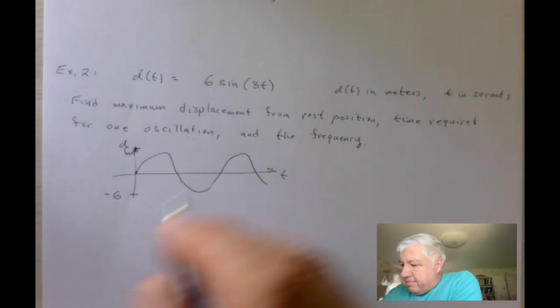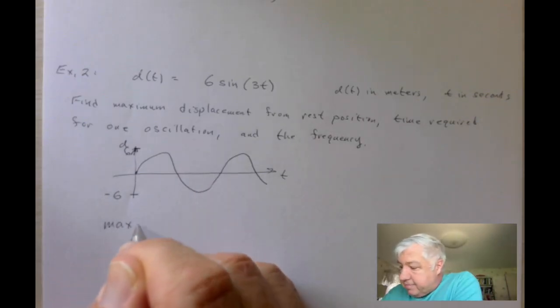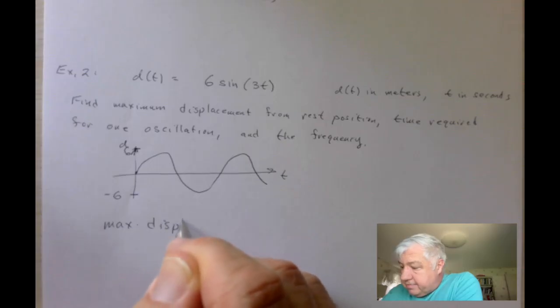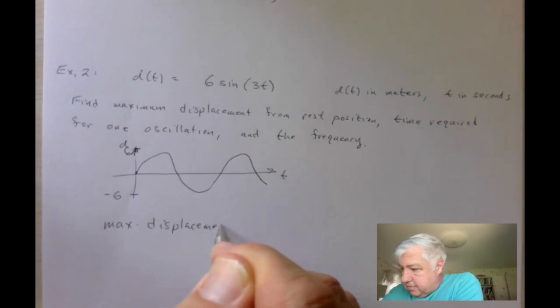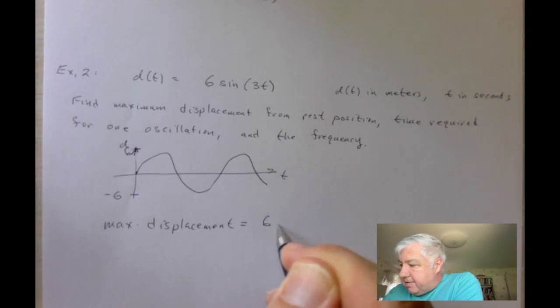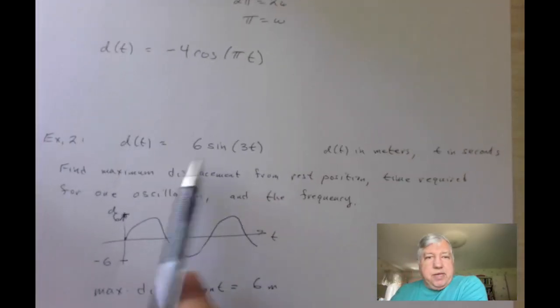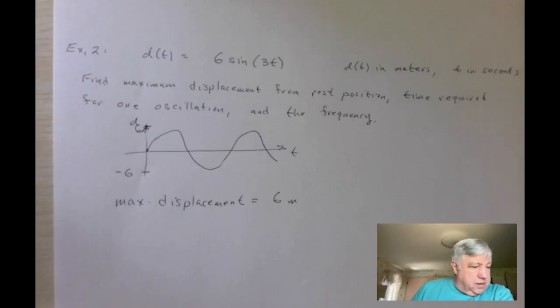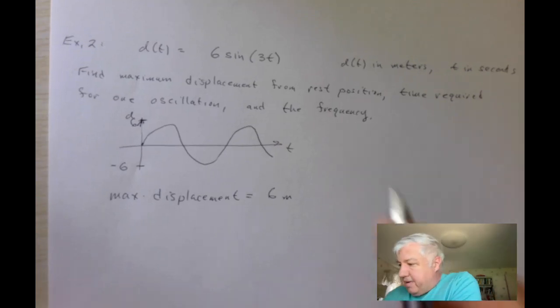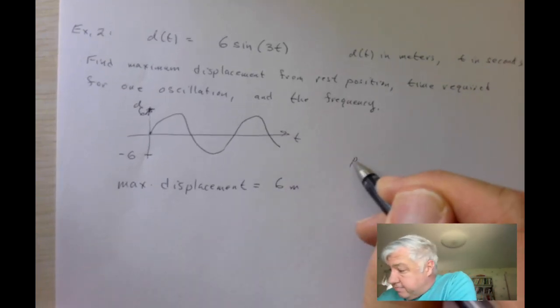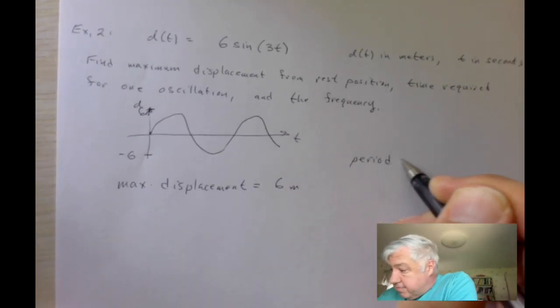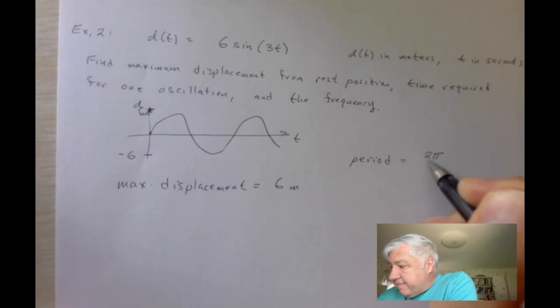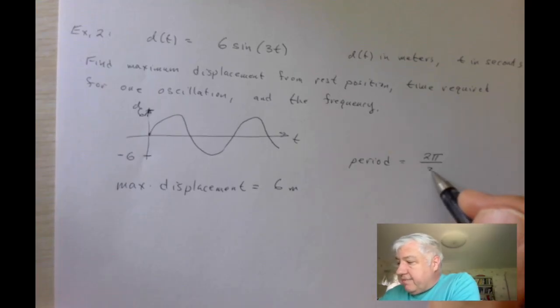So the maximum displacement is going to be 6 meters, because that's the biggest that d of t can be. We can see that the time required, the period, is going to be 2 pi divided by 3.